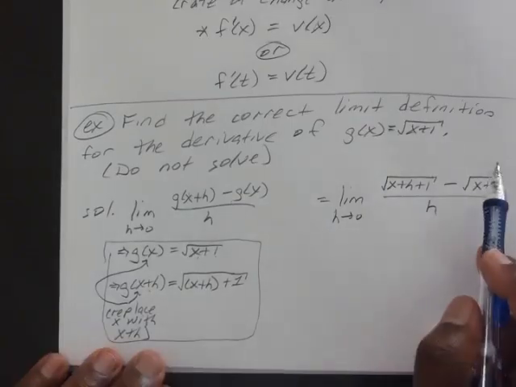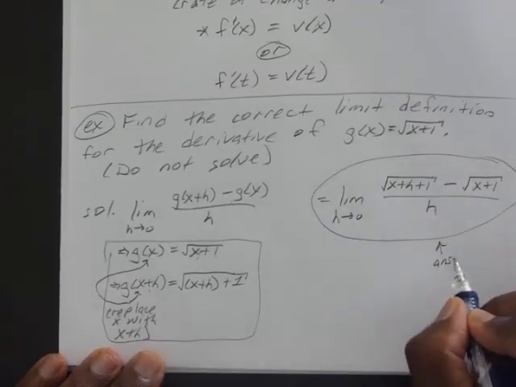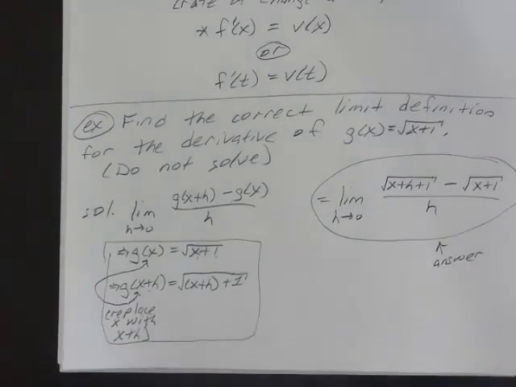Okay, so that would be, for this one, our answer. That's the limit definition of g of x equals square root of x plus 1.